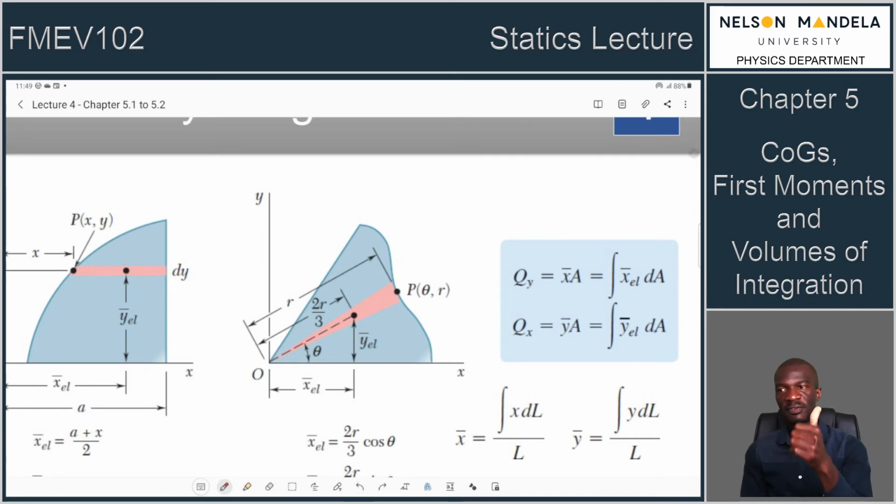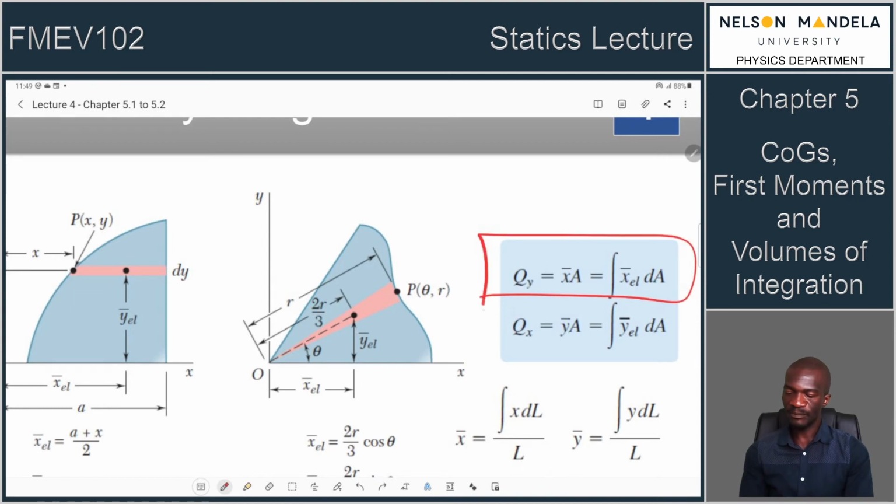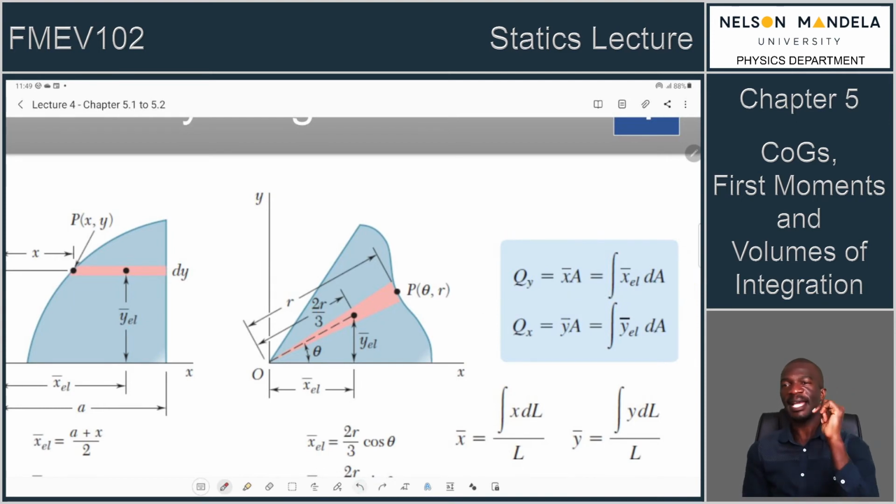So you find the relevant equation and you pick an area element. The area element is what you will use to simply define your x bar element and your dA. When you have defined those, you will carry out normal mathematical integration. So it will just be the calculus later.